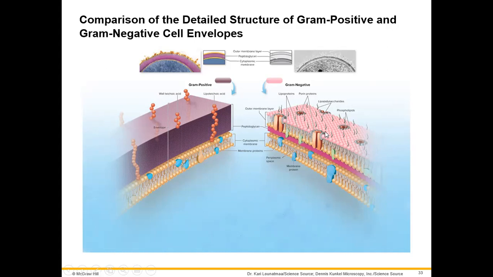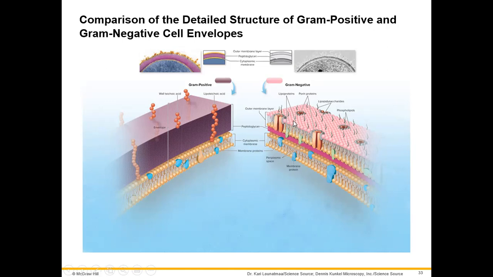The Gram-negative bacteria have a cell membrane and a thin cell wall. They have the lipopolysaccharide layer, which also looks a bit like the phospholipid bilayer that we see here. It has channels in it for things to move out.